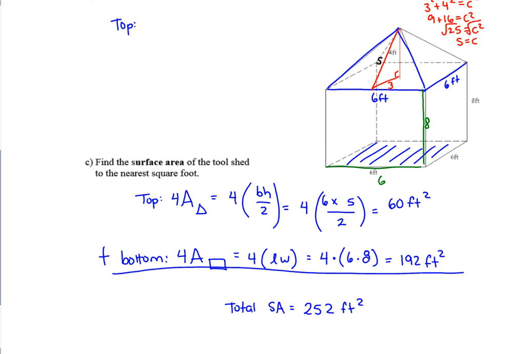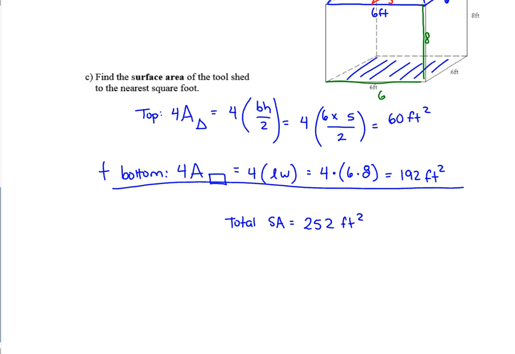So we want exposed area when we want surface area. If this shape did not have a context to the question, so I didn't tell you it was a tool shed, it was just a shape that I handed you, then would the bottom be exposed area? Yes. So only in the contextualized problem of it being a tool shed do we not include it, because that won't be exposed.